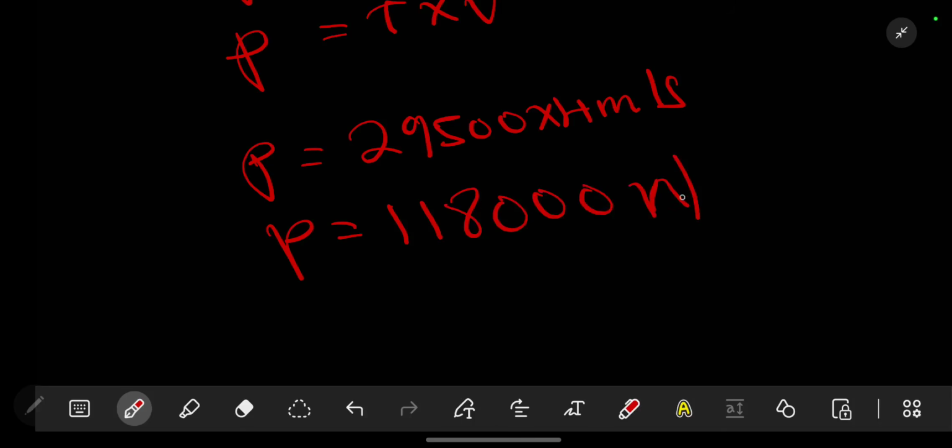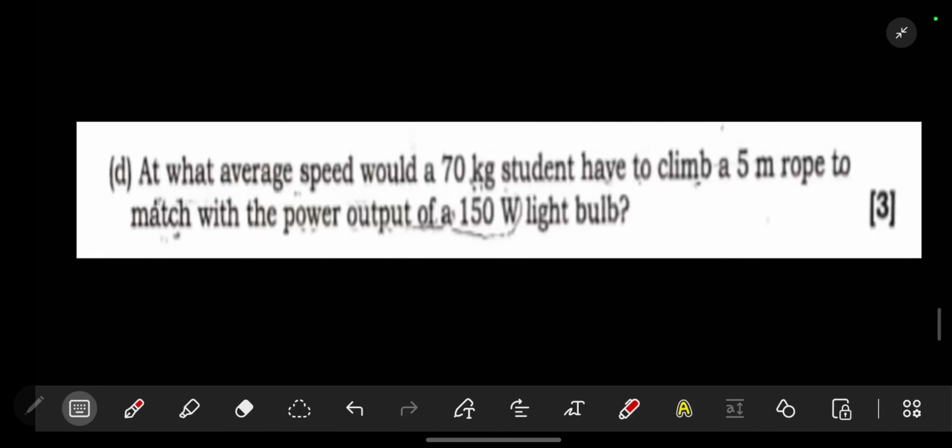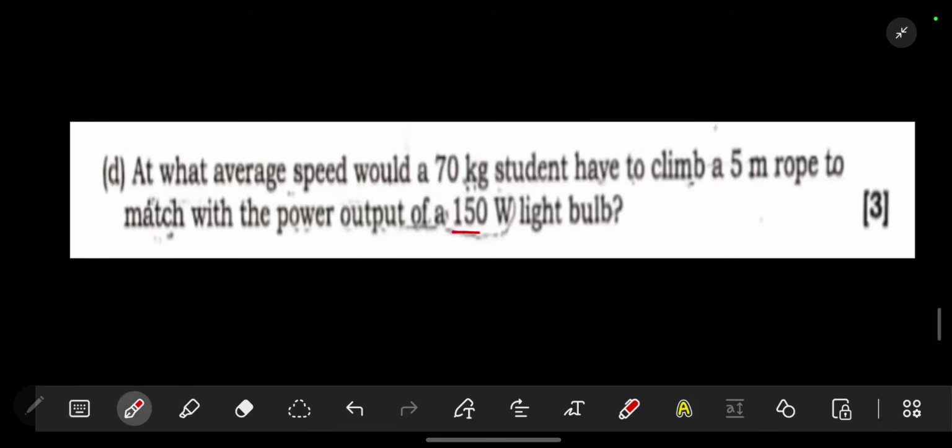We have the question: at what average speed should the 70 kg student climb a 5 meter rope to match the power output of this amount? Knowing that our power is equal to force times the velocity, what is the force?